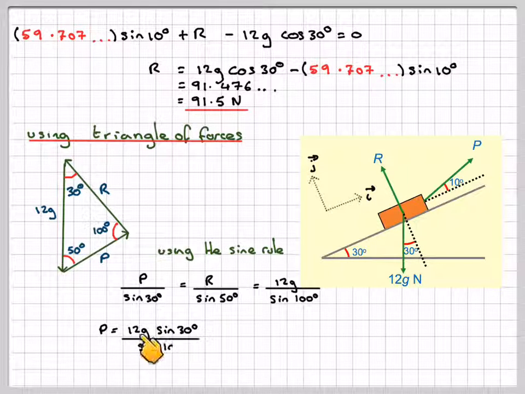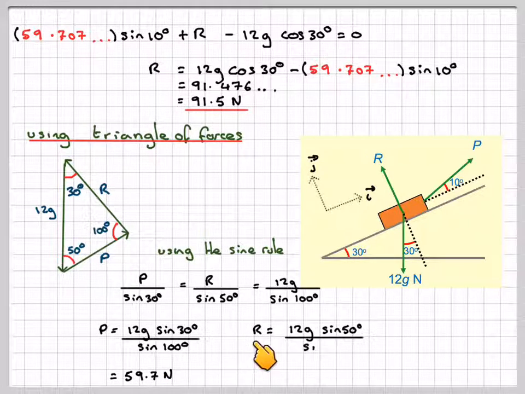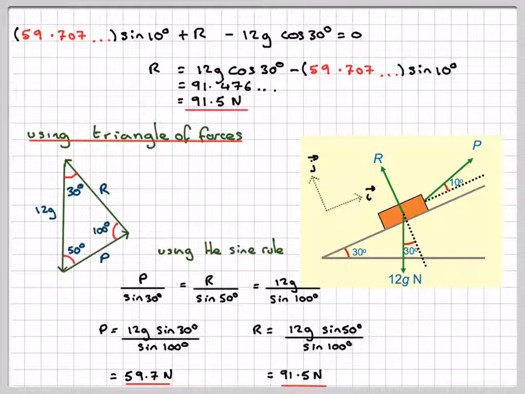Rearrange it, you're going to get P is 12g sine 30 over sine 100, which is 59.7 newtons, and therefore R will be 12g sine 50 over sine 100, which gives 91.5 newtons, the same as what we got the first time around.